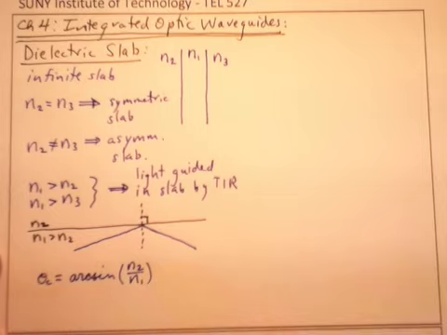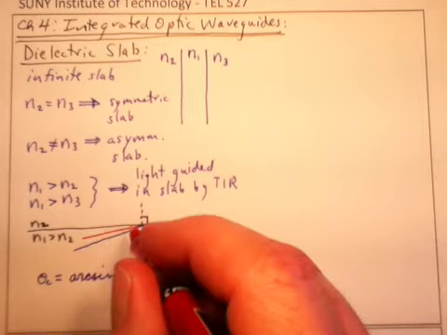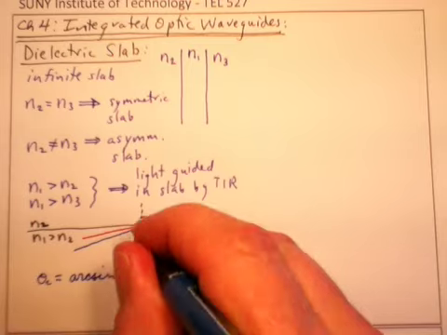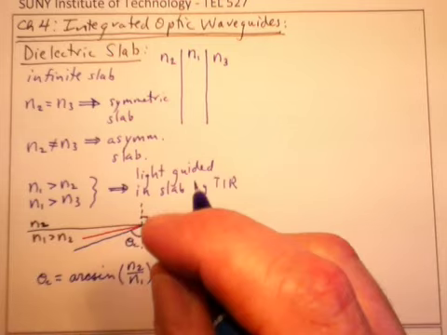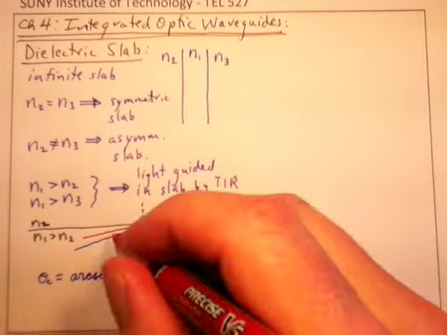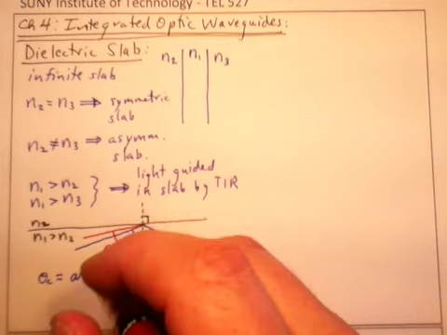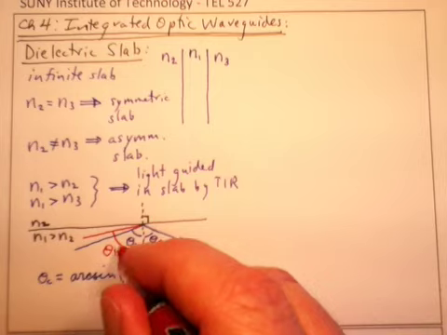And all the rays which are incident at an angle of incidence larger than this critical angle, theta c, here, and now we have a ray whose angle of incidence is larger than that theta c.